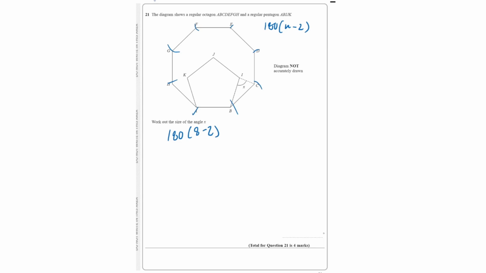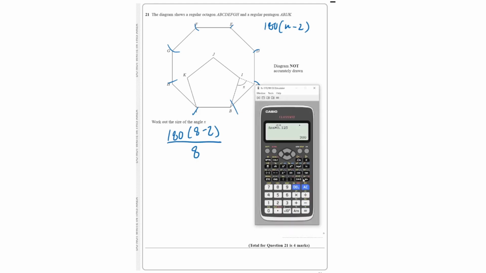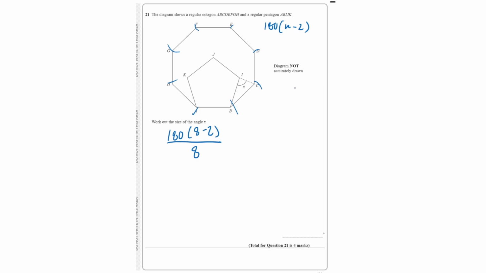We only have to find one, so we can divide by 8. And let's use our calculator here. 180 times 8 minus 2, that's simply 6, divided by 8 gives us 135. So what that means is that this whole angle here is 135.